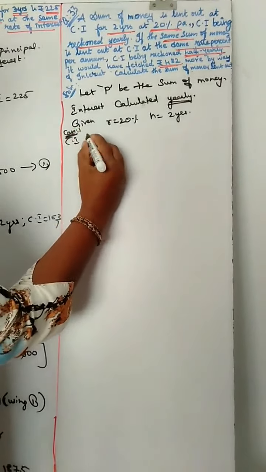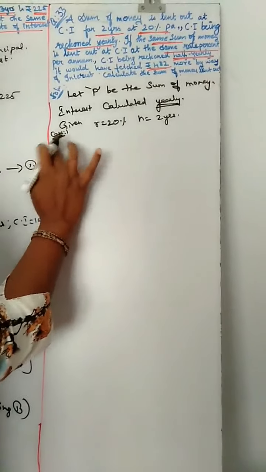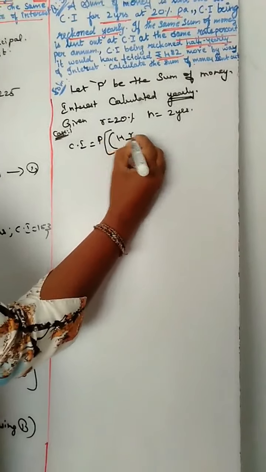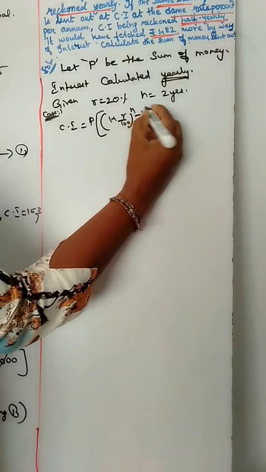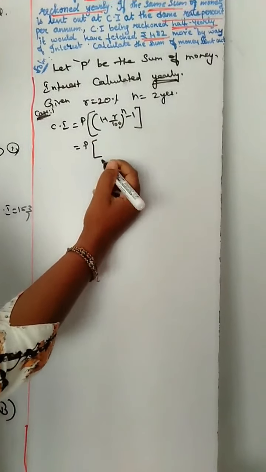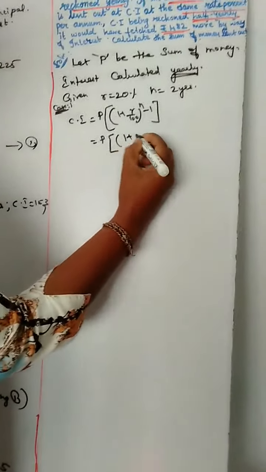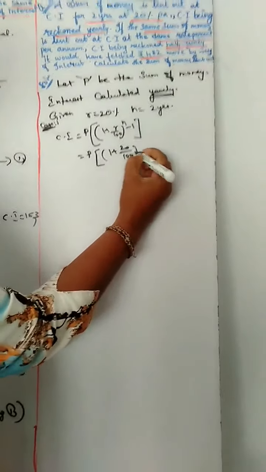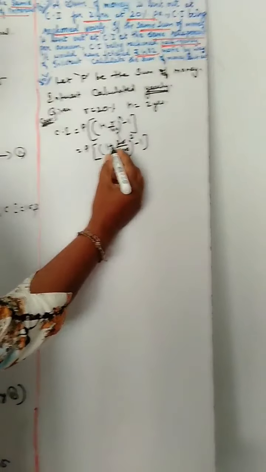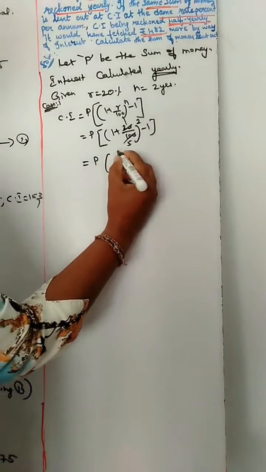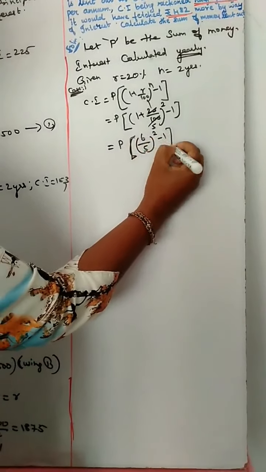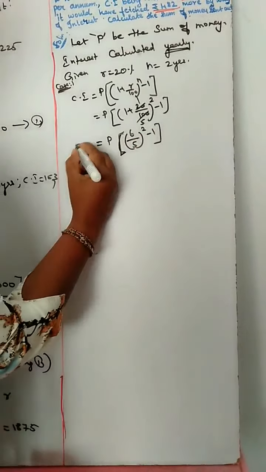CA equal to P into 1 plus R by 100 the whole power N minus 1. So P, then 1 plus R here is 20 by 100 the whole power 2 minus 1. This is 1 time, this is 5 time. 5 into 1, 5, 5 plus 1, 6. So it is equal to 6 by 5 the whole square minus 1. Right?